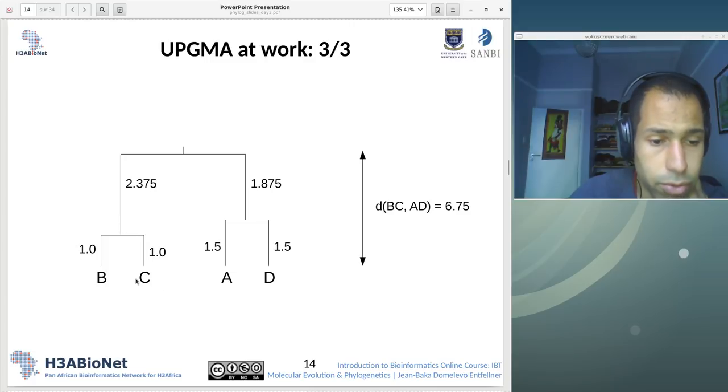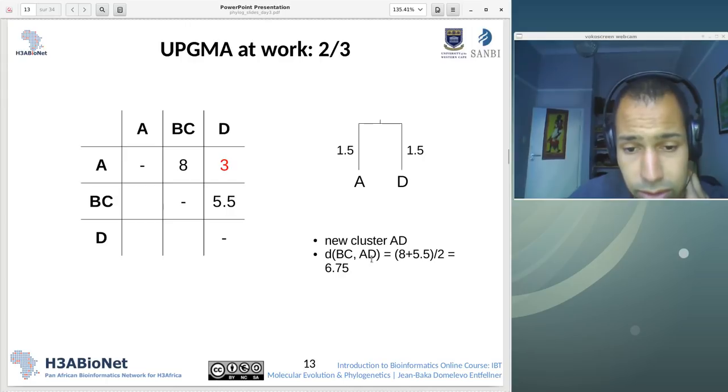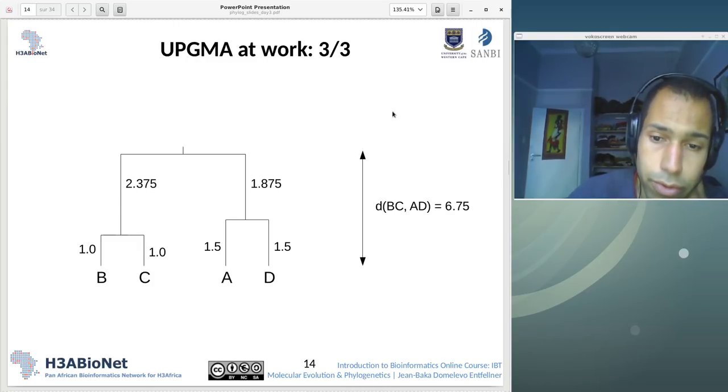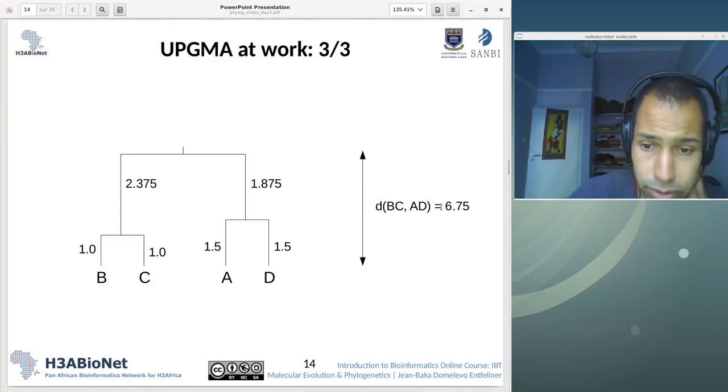Finally, we had our cluster BC, okay? Distance 1 for the branches linking B or C to their most recent common ancestor. We have our cluster AD, with 1.5, 1.5, and what we calculated is that the distance between BC and AD is 6.75. It means that the node that links the clusters BC and AD will be at height 6.75 divided by 2. So the distance of BC to AD is 6.75.